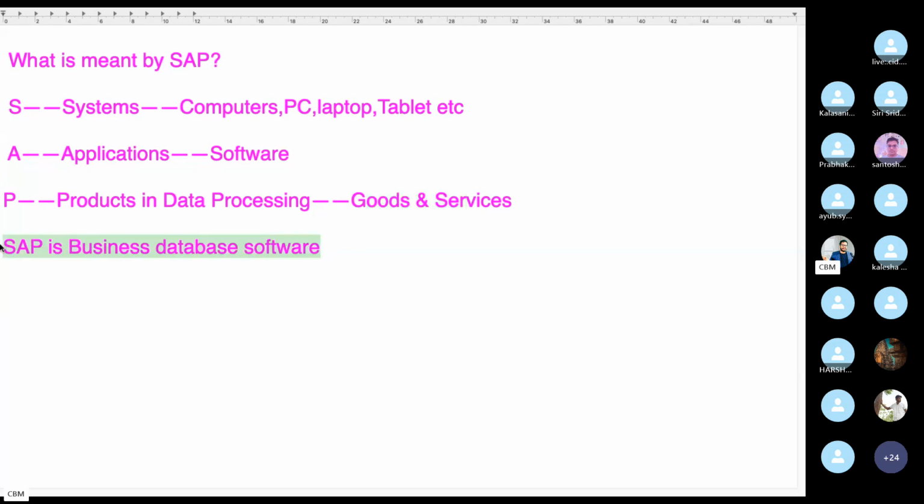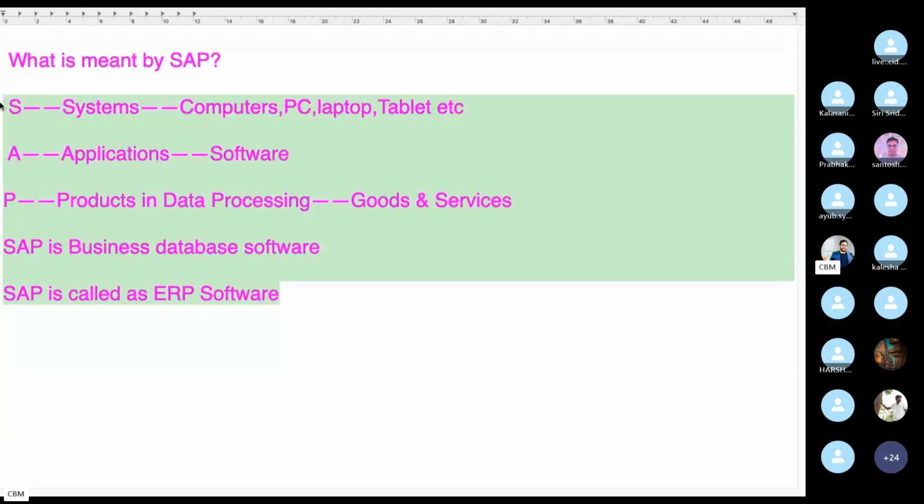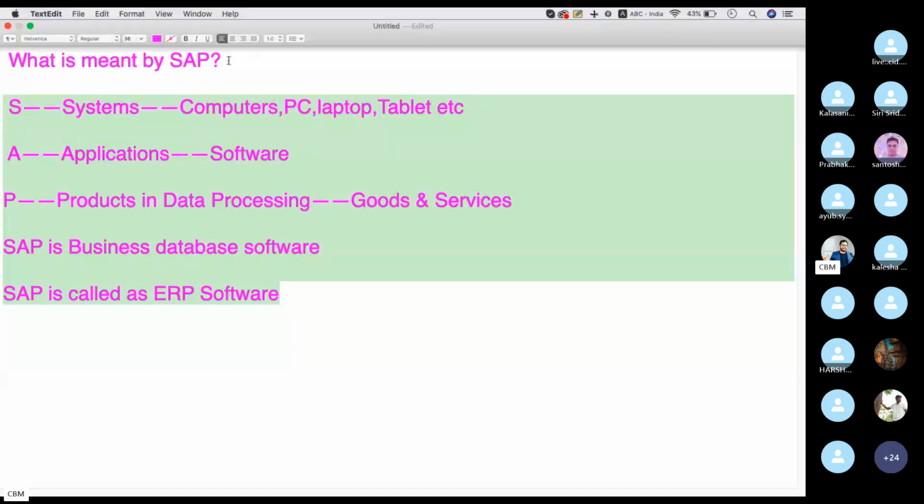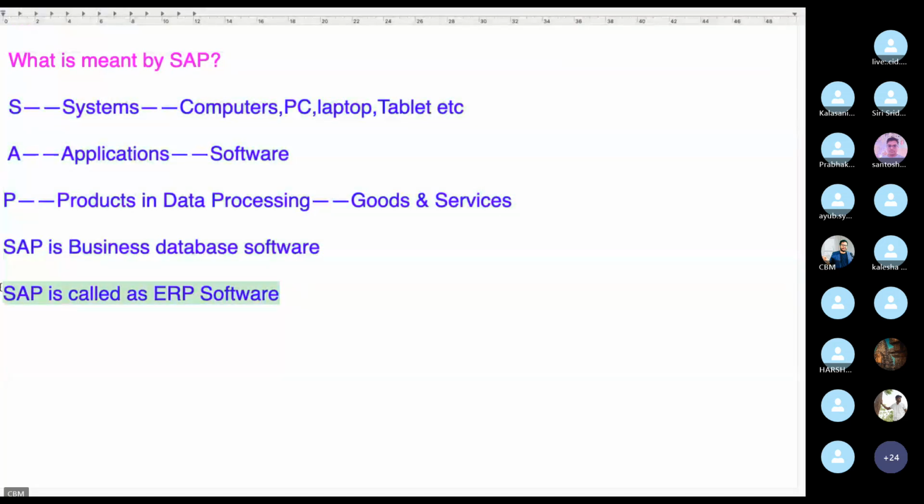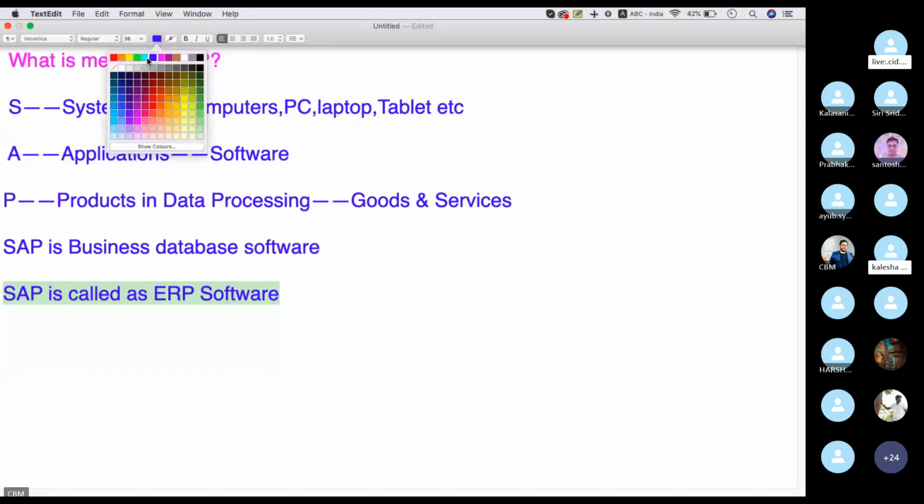So SAP is a business software, and SAP is also called an ERP software. Do you guys understand what is meant by ERP? Anyone? Enterprise resource planning.